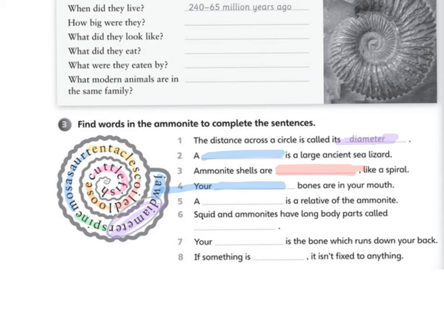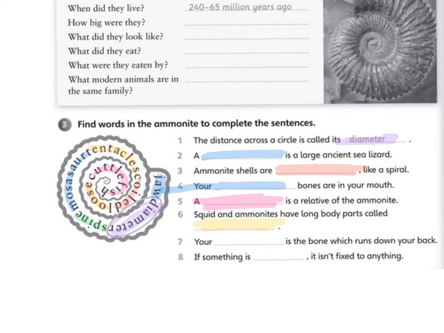5. A blank is a relative of the ammonite. No, sorry, I got confused. What is relative? From the same family. That is a cuttlefish. A cuttlefish. 6. Squid and ammonites have long body parts called tentacles. 7.